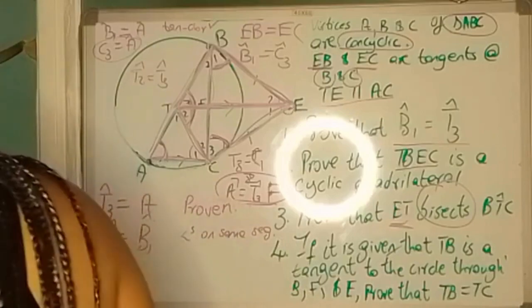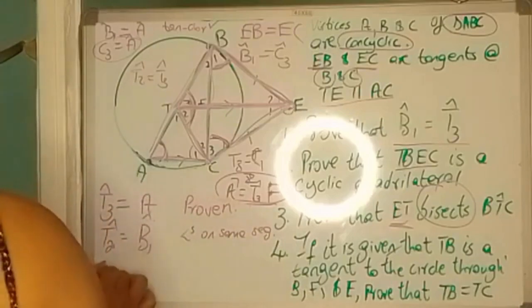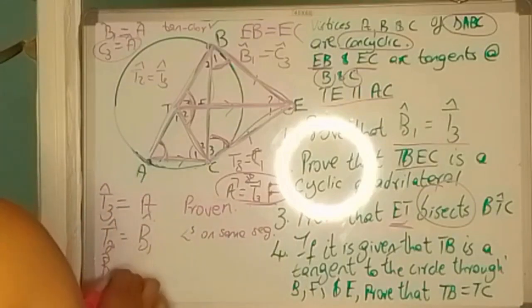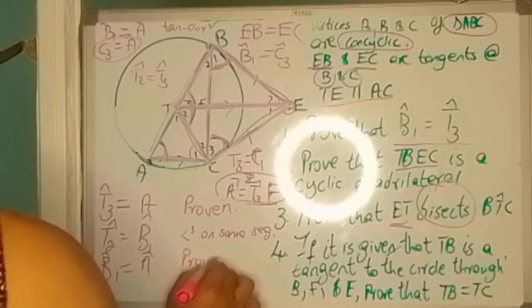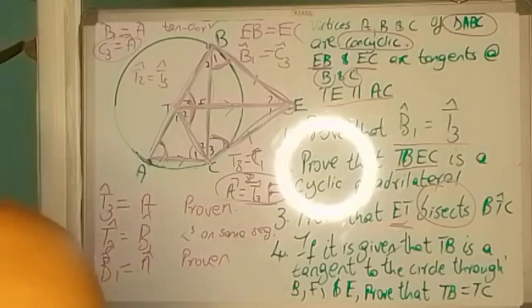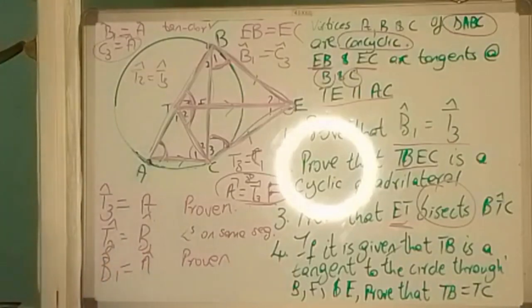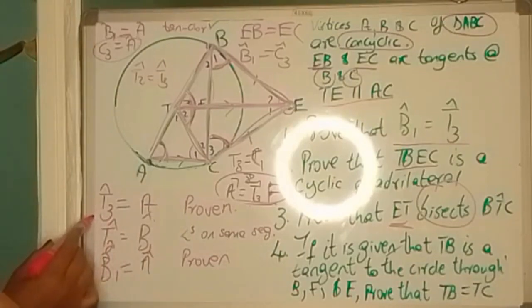Okay, further, we know that B1 is equal to angle A. That was proven. We have proved that already. What is this then telling us? Have a look, this makes T2 and T3 equal.